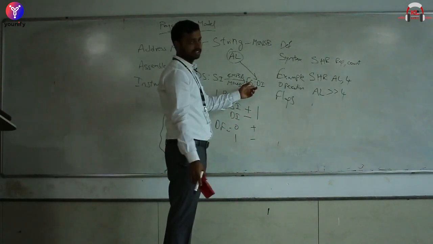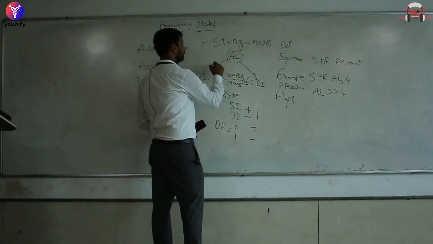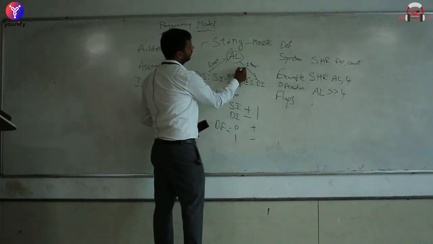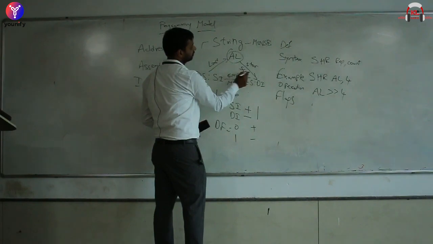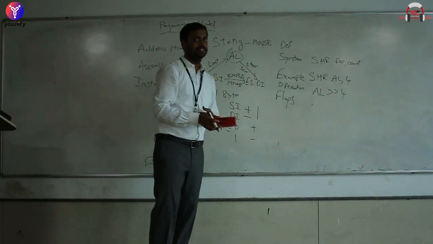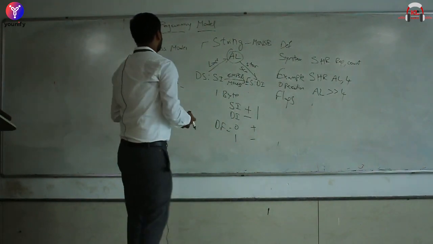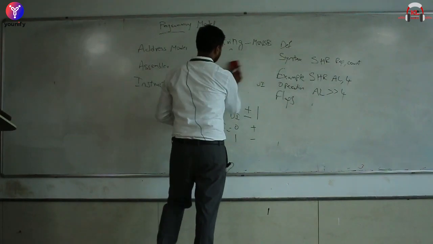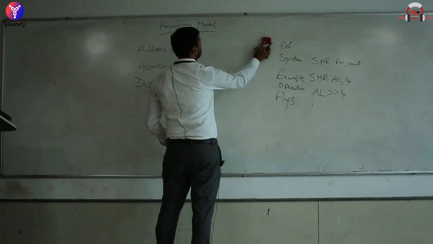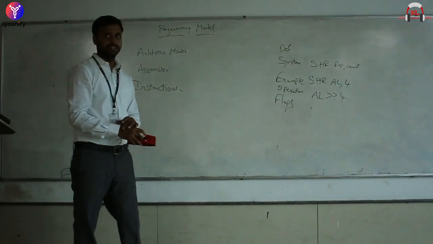You have to check in the destination. AL loading is LODS, this is STOS, and this is again SCAS. These are the 10 to 12 different instructions that we have in string. And machine control instructions will be halt and no operation. These are the things which we have in the instruction set.